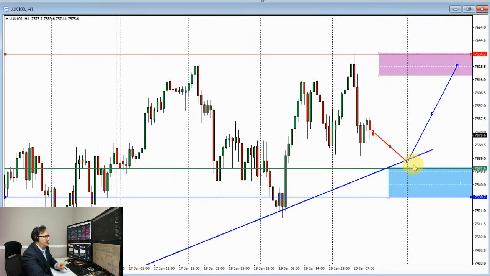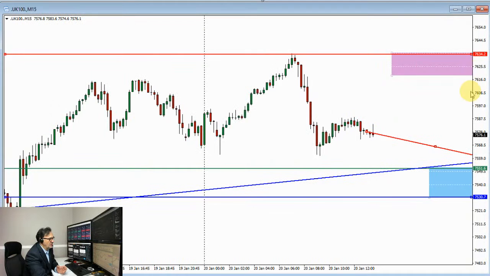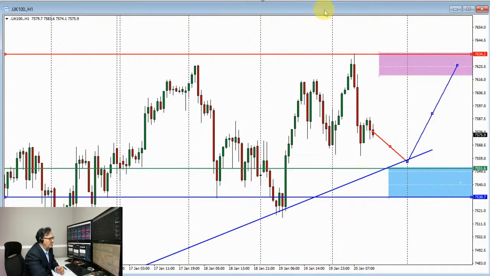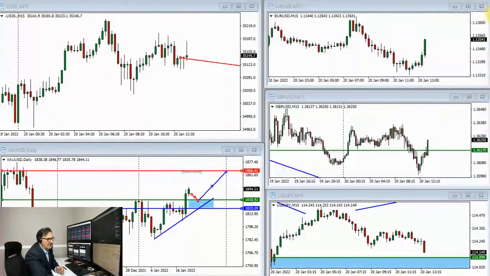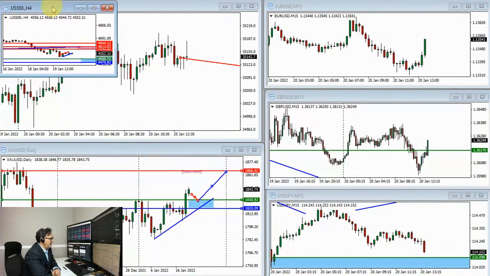I'm happy with that. So I'll pay attention, and if it's triggered, I will likely react to that. This would be a swing type trade which could be open for a number of hours, days, possibly even a week.